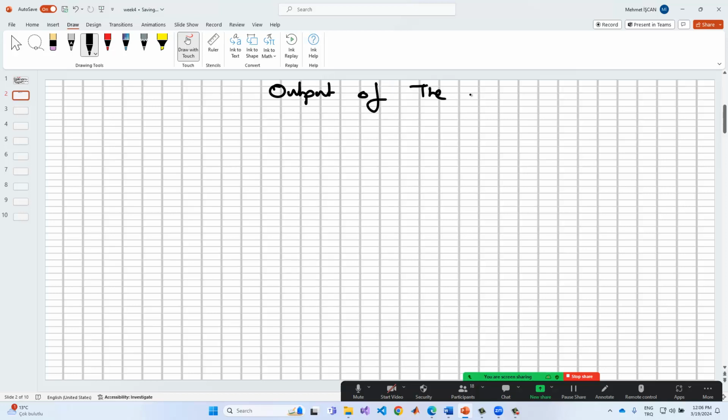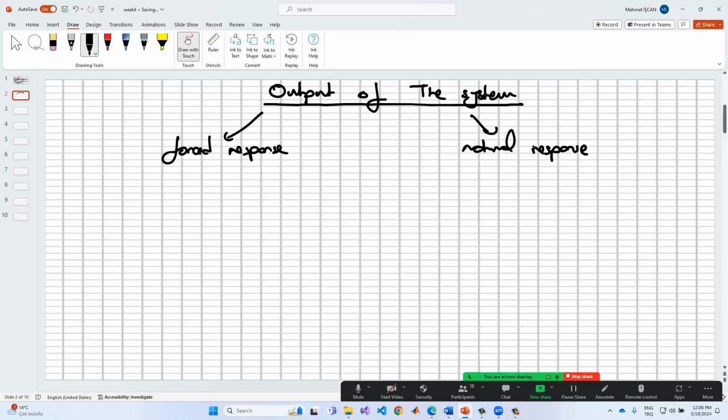The output of the system is split into two parts. The first one is the forced response, and the second part is the natural response. If we are talking about the output or the time response of our system, we will remember that we have two responses, the first, or the former one, is called the forced, and the second one is the natural response.